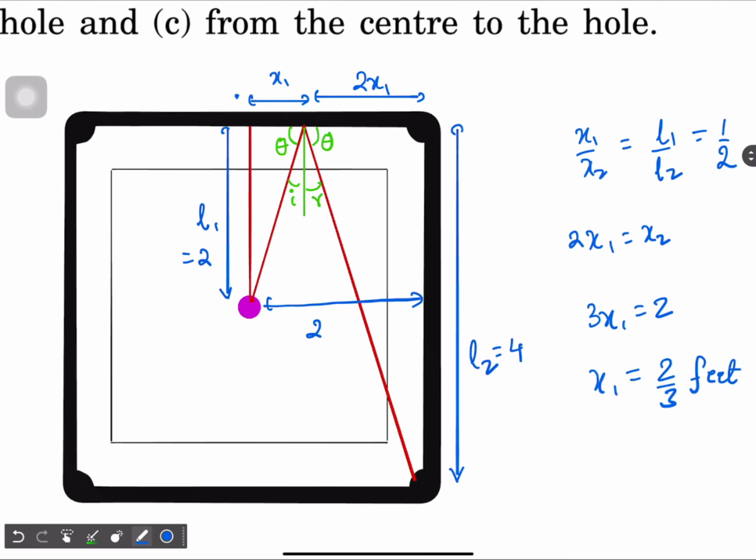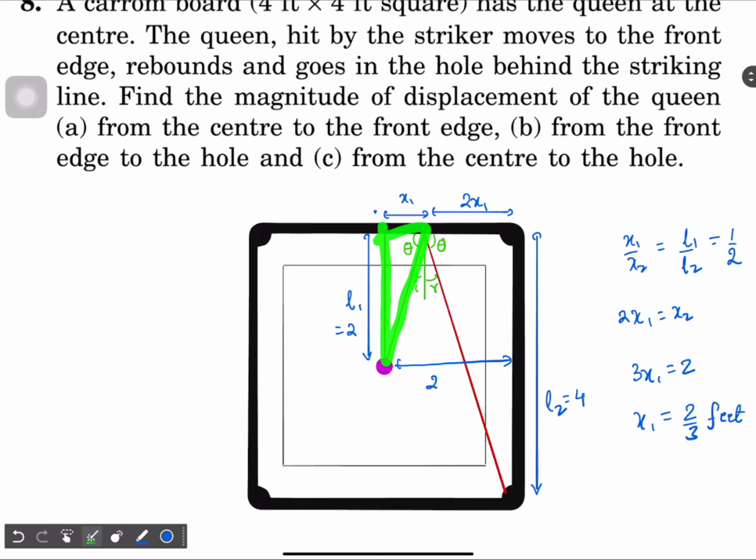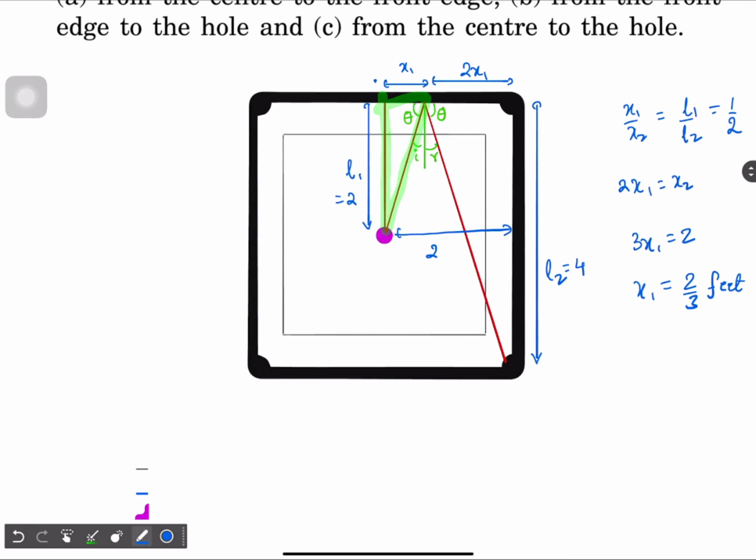Now coming to the question, we have to find the displacement from the center to the front edge. So from the center to the front edge, this would be your displacement. So how do I find this hypotenuse? I use the Pythagoras theorem. I have this right angle triangle, right? So the answer to the first part of the question will be root of L1 square plus x1 square.